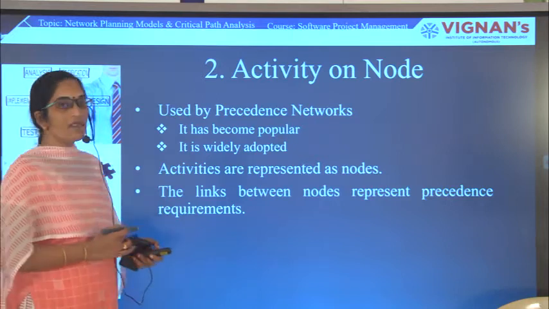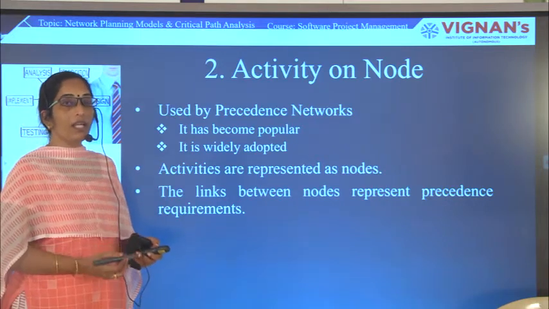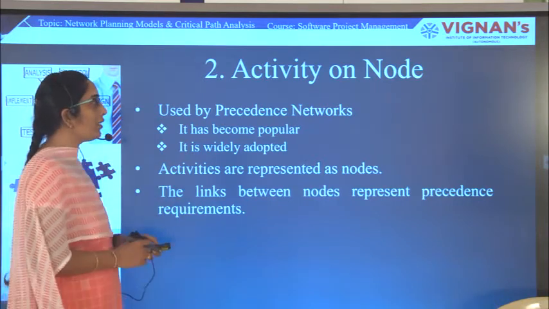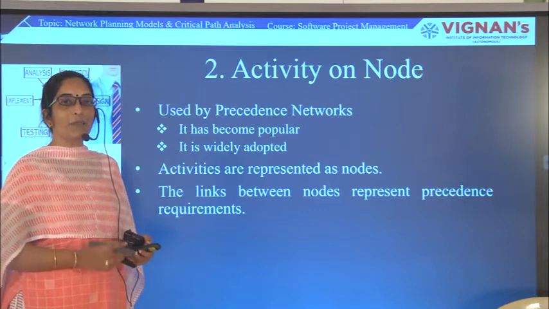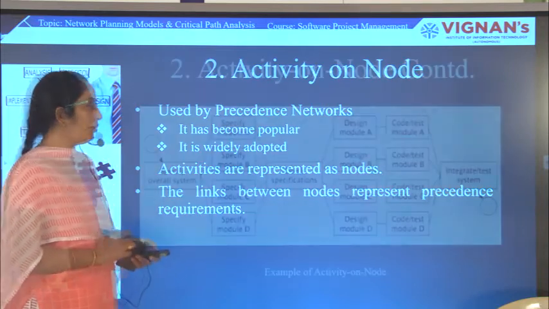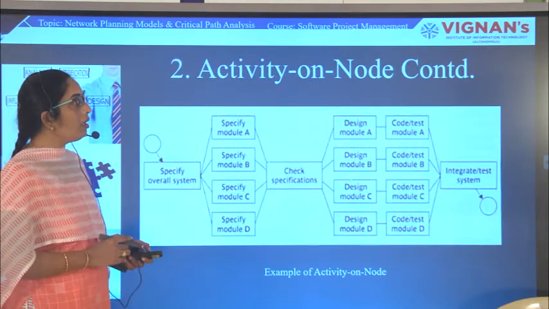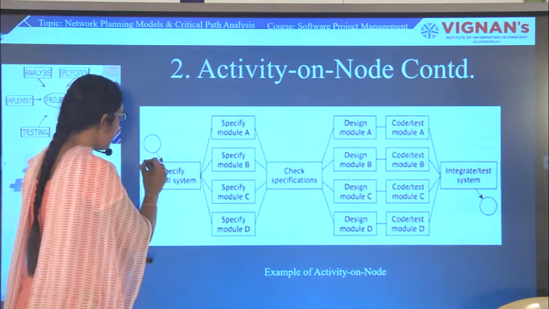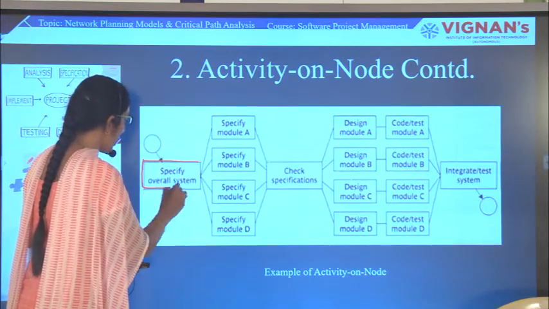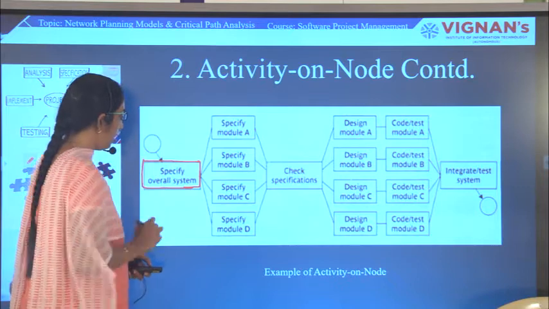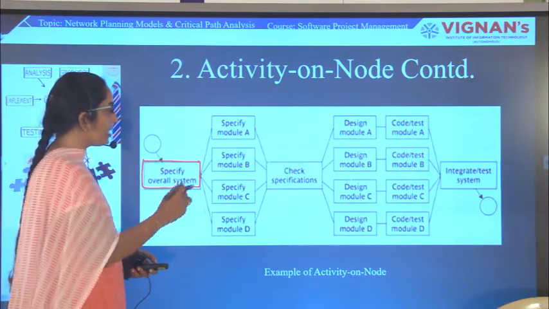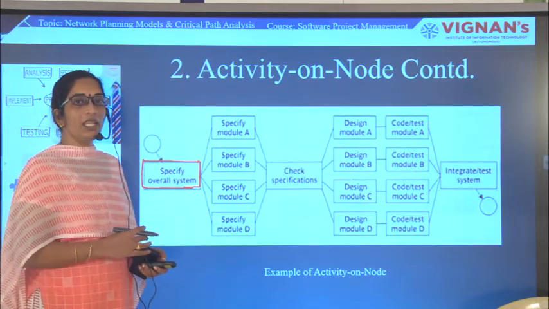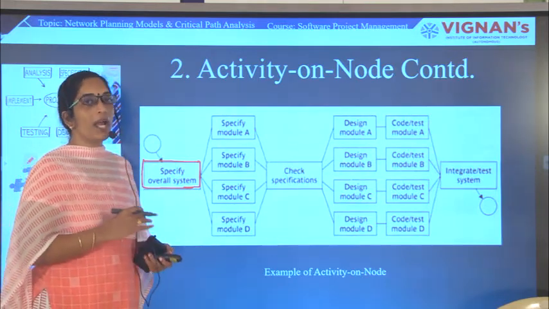Previously, in activity on arrow, the activities were specified on the arrow, whereas in activity on node the activities are specified inside the node. This is an example of how activity on node will look. This is a node, and in it we specify the activity. These are different types of nodes, and in them we specify the activity that the corresponding node has to perform.